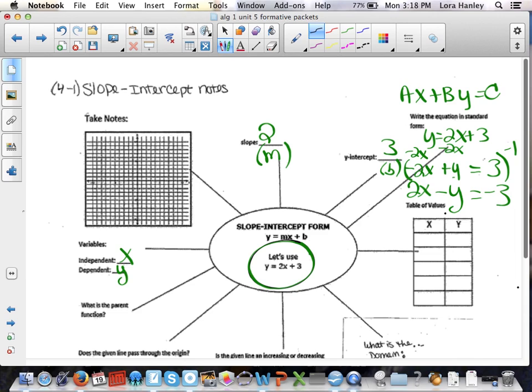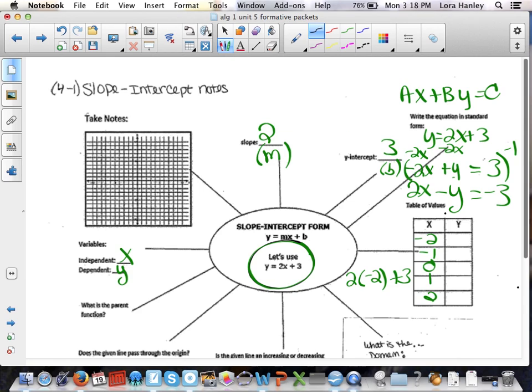Usually, if you're given 5 different points, and we're graphing a line, we can pick negative 2 to positive 2 as our x choices to substitute. Negative 2, negative 1, 0, 1, and 2. And remember, to find the y values, you're substituting all of those in. So for negative 2, we would have 2 times negative 2 plus 3.